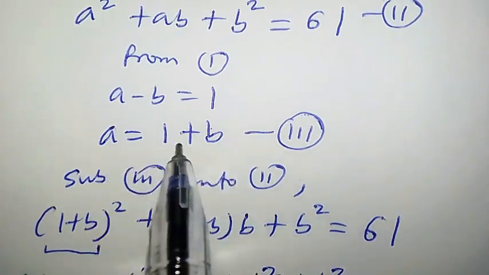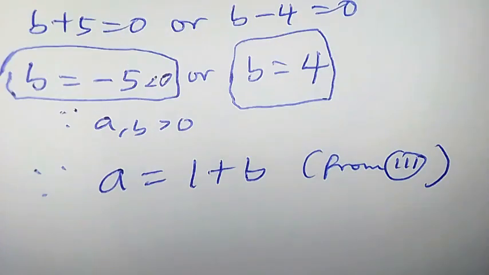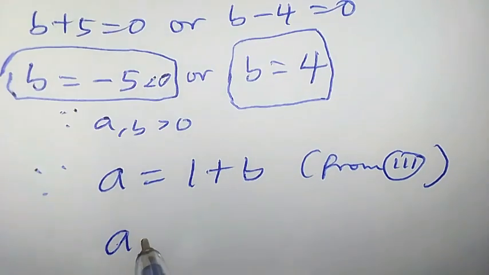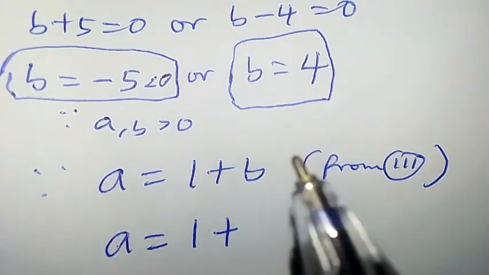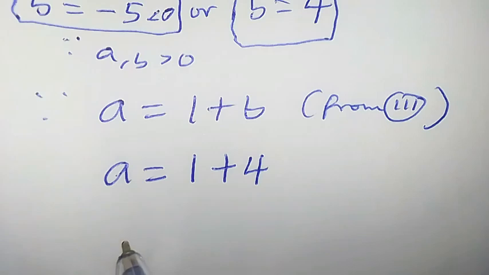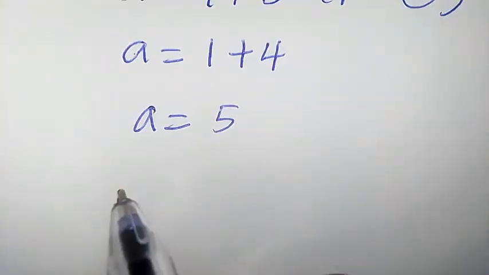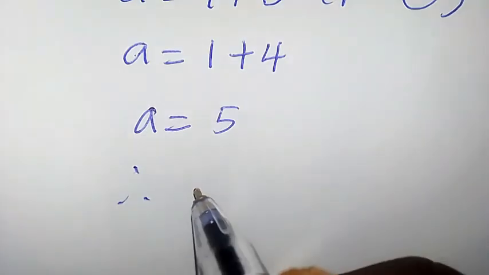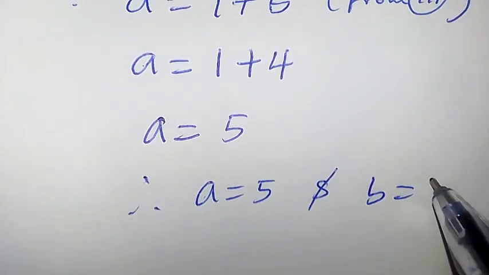So a is equal to 1 plus, what is b? This is b, 4. a is equal to 1 plus 4, which is simply 5. Therefore, the value of a is equal to 5 and the value of b is equal to 4.